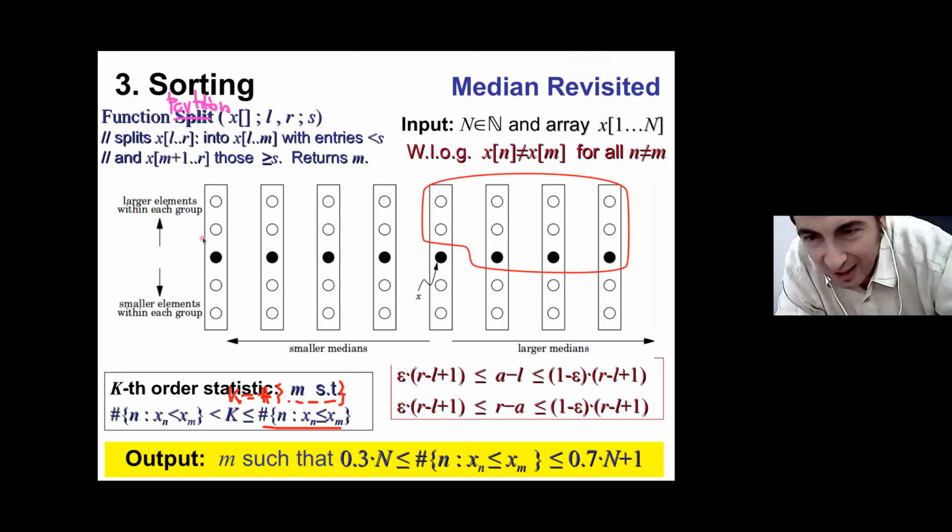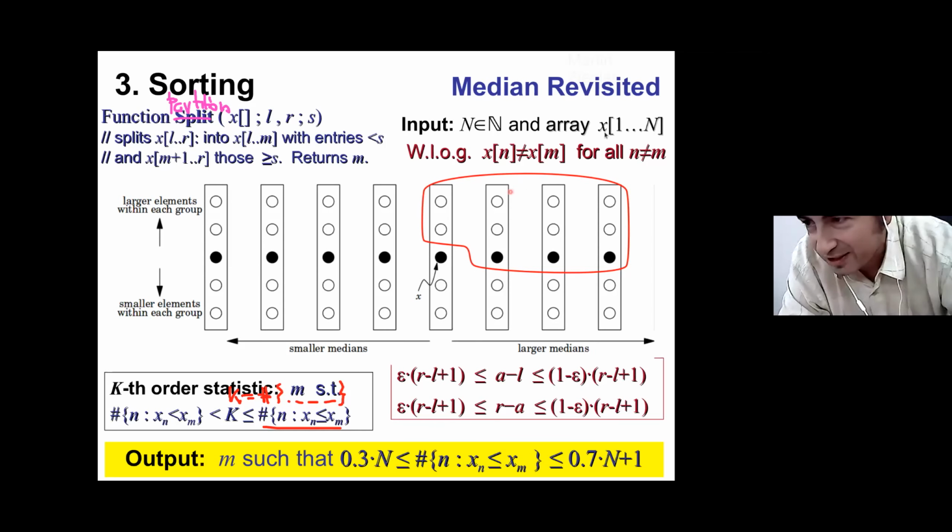So I'm splitting my array X into small arrays of size 5. This means there are capital N over 5 such smaller pieces. If n is not divisible by 5, then fill the last piece with something. This doesn't really change the complexity too much.